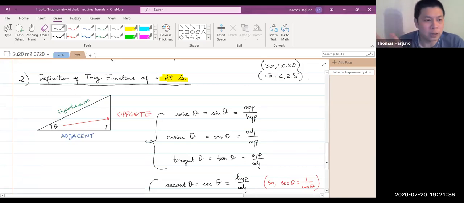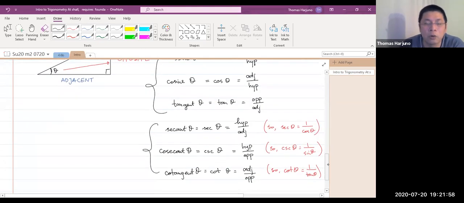So if there's anything you need to memorize today, in case you forget, then at least memorize the first three first, get really, really good with that. Then you go on with secant, cosecant, cotangent.